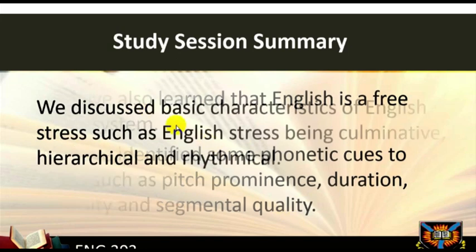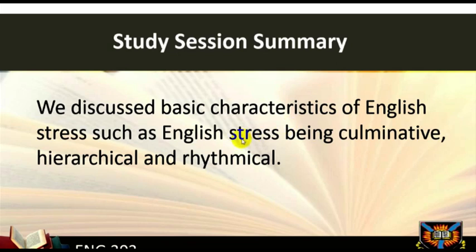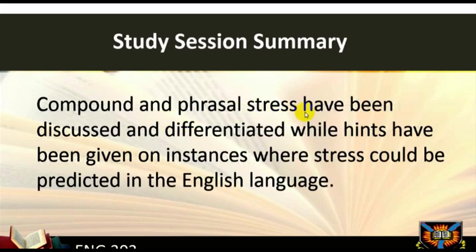We discussed basic characteristics of English stress, such as English stress being cumulative, hierarchical, and rhythmical. Compound and phrasal stress have been discussed and differentiated, while hints have been given on instances where stress could be predicted in the English language.